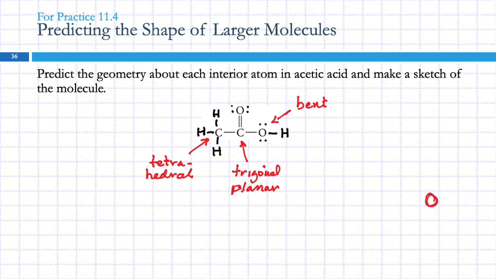So I'm just going to start on the end with that oxygen, and this is the hydrogen, and I guess I'm going this way. It's bent, and so here's the carbon, and here's the double bond to the other oxygen, and this is going to the other carbon, and then this guy's tetrahedral. Okay, use your imagination.